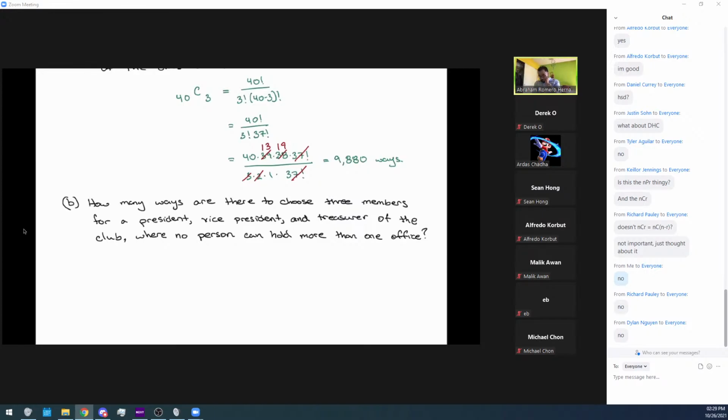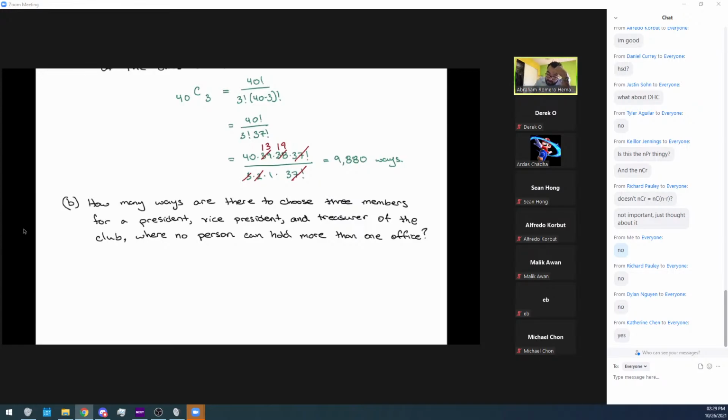So in this scenario, does order matter? Does it matter who's president, vice president, and treasurer? Yes, order does matter here. Because it matters who's the president, it matters who's the vice president, it matters who the treasurer is. So because order matters here, this is a permutation.